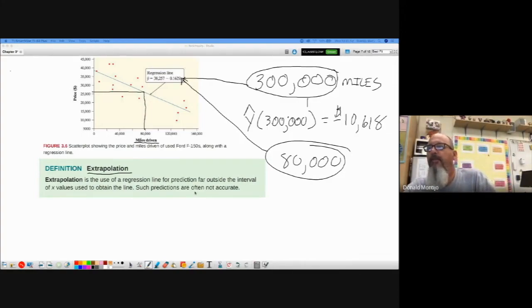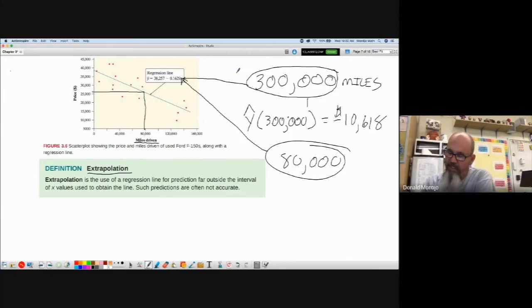All right. So now that we've looked at how to make a regression line, how to make a scatter plot, what R is, how we find the slope and y-intercept. This 38,257, that value would come if we plugged 0 in for X. So if we drove 0 miles, we could sell our truck for $38,257.